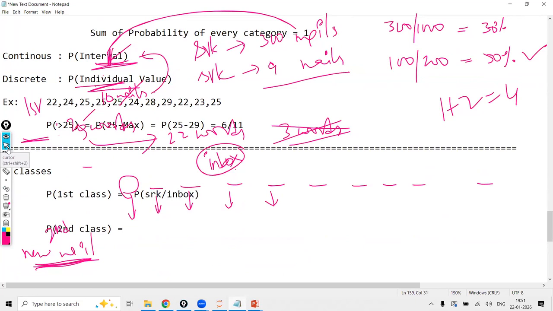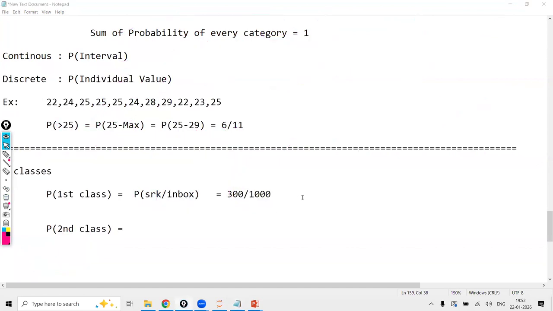In the inbox total, there are 1000 mails. Out of 1000 mails, how many consist of SRK? Probability is the number of records satisfying your requirement divided by the total number of records. So the probability of SRK within the inbox means 300 out of 1000, which is 0.3.